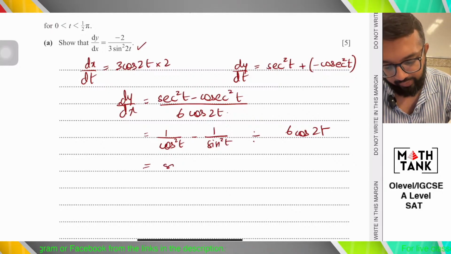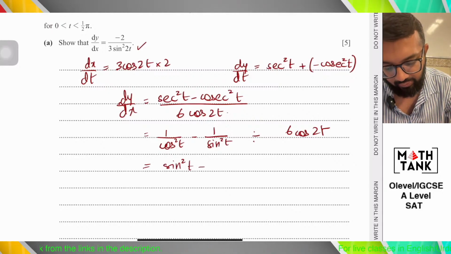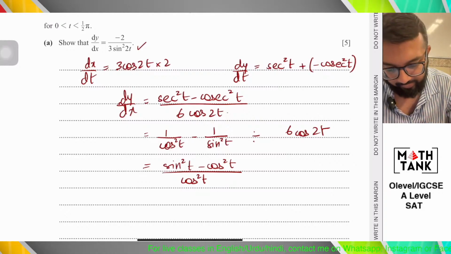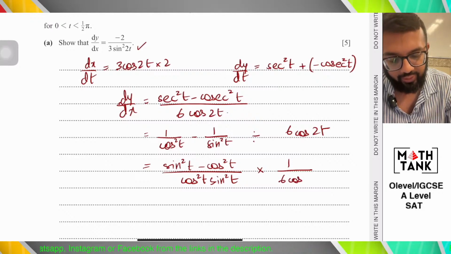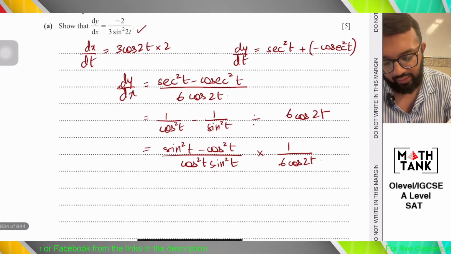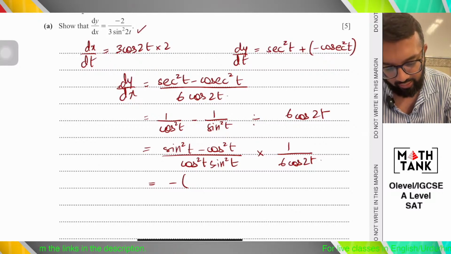Okay, then I have sine square t minus cos square t over cos square t sine square t, multiplied by 1 over 6 cos 2t. Okay, so I think I have my solution here.